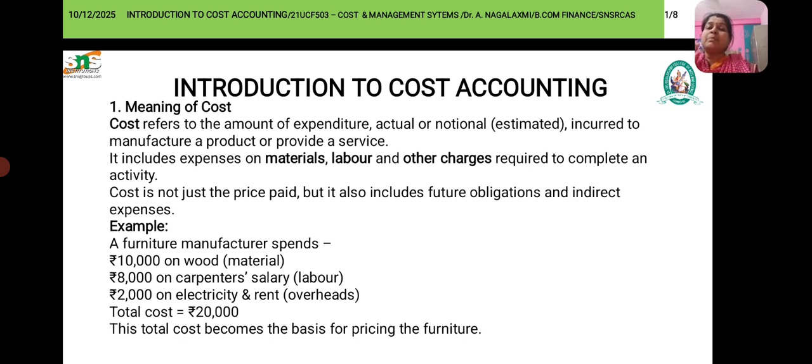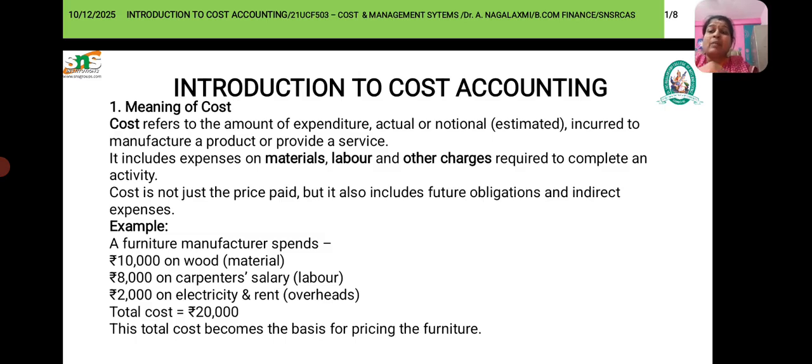Cost means the expenditure incurred in manufacturing a product or providing a service. So we have to see what is included in the cost. Cost includes the expenses on materials, labor and other charges required to complete an activity.